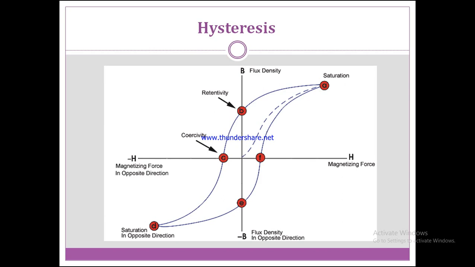This is the property of a magnetic material which can retain its residual magnetism, called retentivity. The next point is the coercive force, indicated by coercivity. The value of magnetic field strength required to wipe out the residual flux density is called the coercive force.